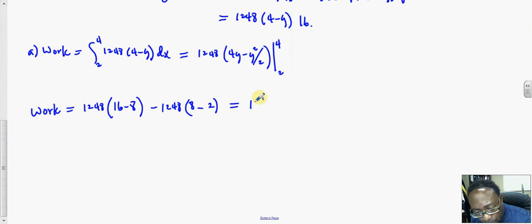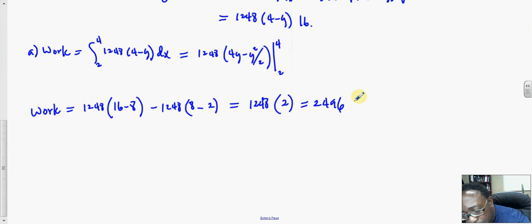This is 8 minus 6, which is 2. We get 2,496 foot-pounds.